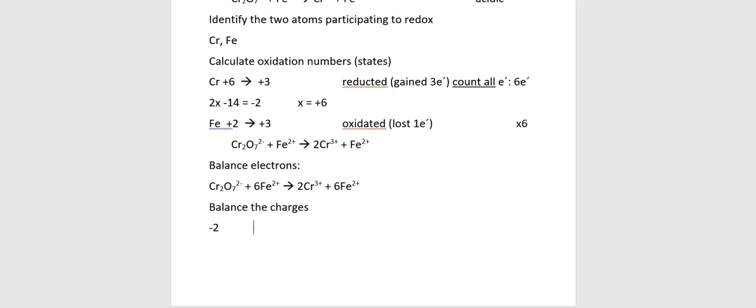That means plus 12. Then on the other side of the arrow, I have 2 times 3 positive charges. That gives me 6 positive charges and 6 times 2 positive charges. That means 12 positive charges.